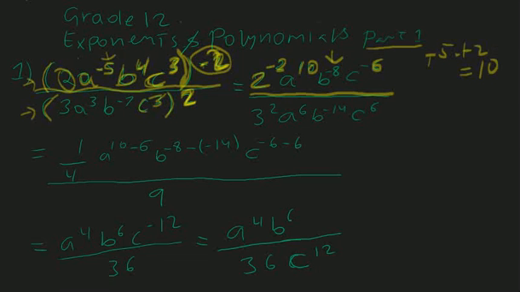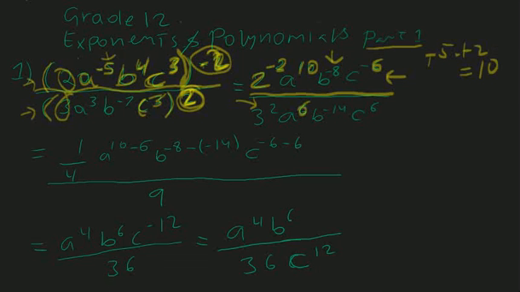The second expression, we have 3 raised to the power of 3, and then b to the power of -7. C is also a 3. So you have 3 to the power of 2 is here, and then a to the power of 3 times the power of 2, you got a to the power of 6.